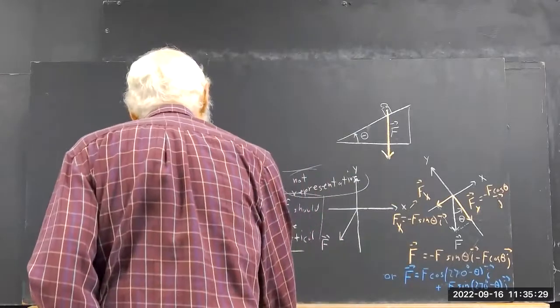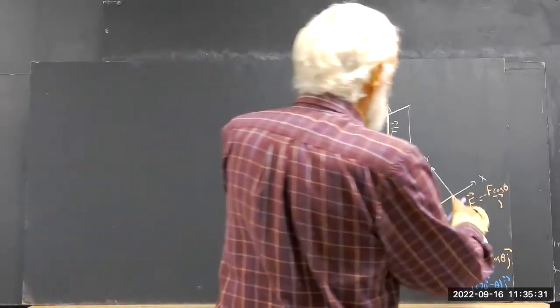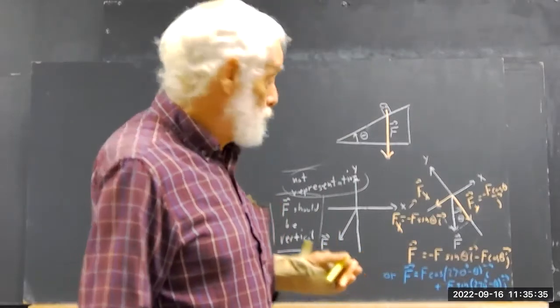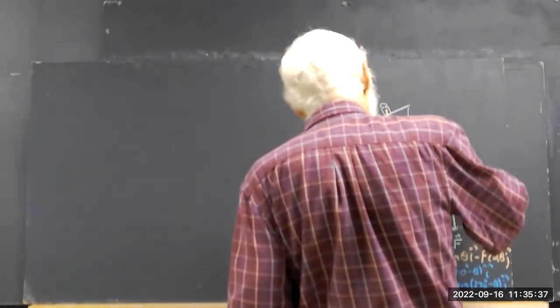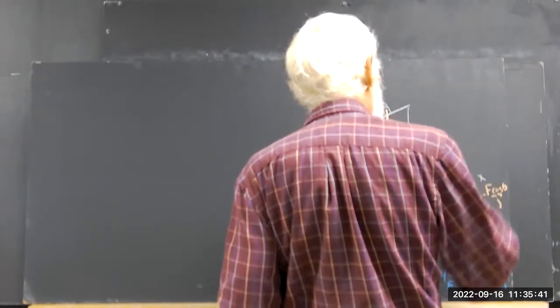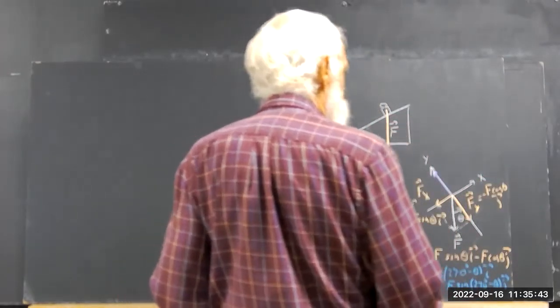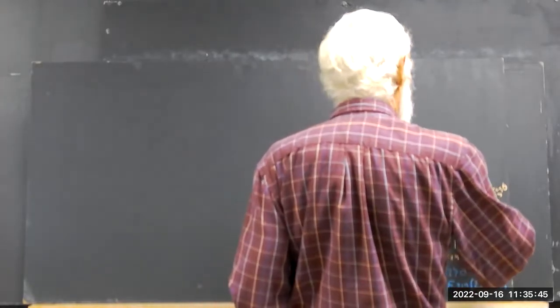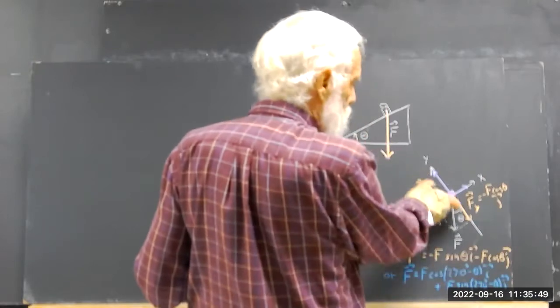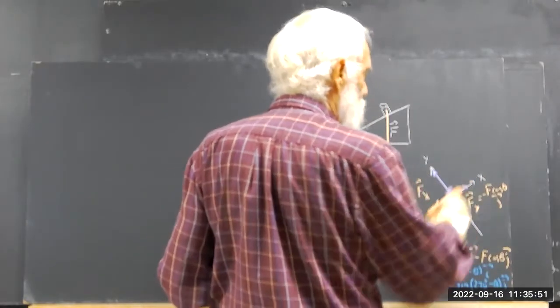Those forces have to be sufficient to balance these forces. They have to be equal and opposite. So you're going to need a force over here and a force here, where this is equal and opposite to this, and this is equal and opposite to this.